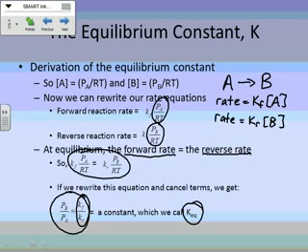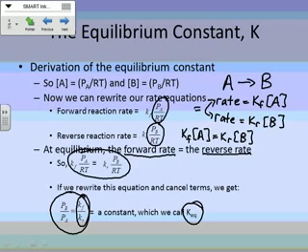I can say at equilibrium, the two rates are equal to one another. And so then I can say that Kf times the concentration of A is equal to Kr times the concentration of B. Probably should have shown you this one first.